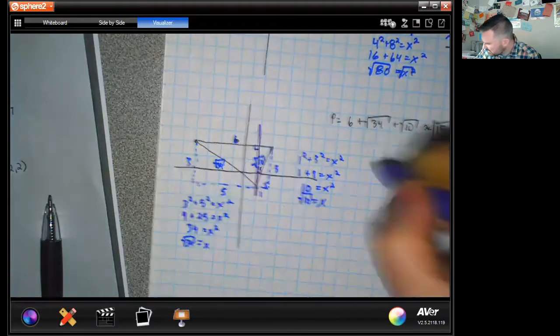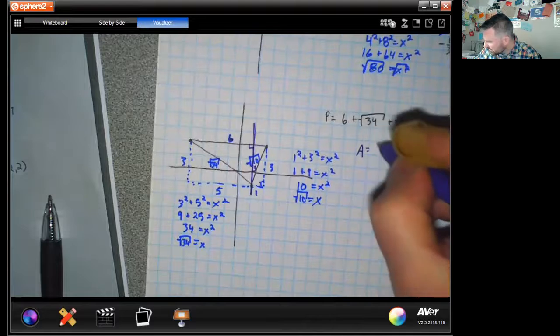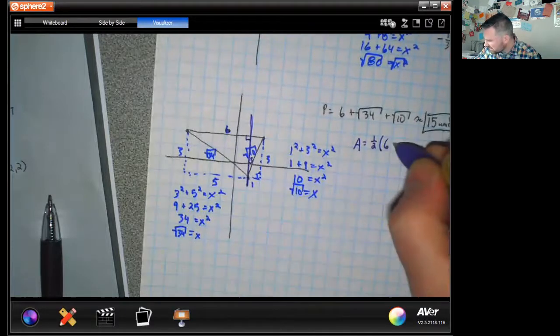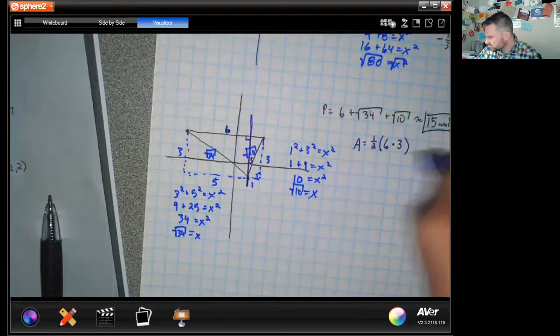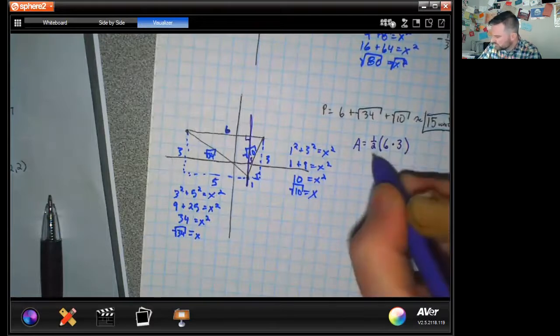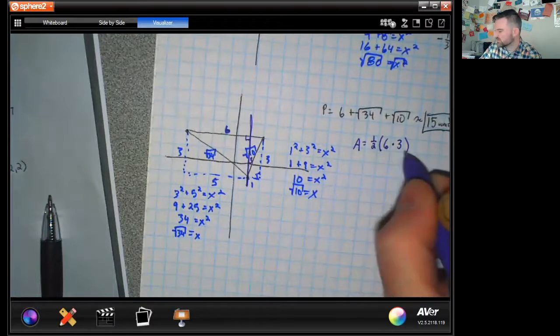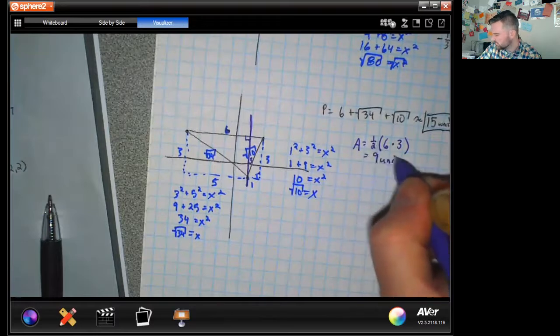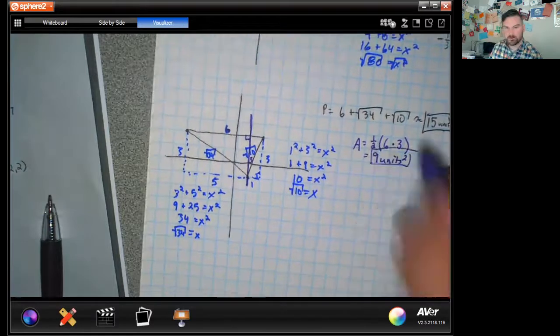So to find this area, we're going to take 1/2 times the base, which will be 6, times the height, which is 3. So 6 times 3 is 18. Half of that is 9 units squared.